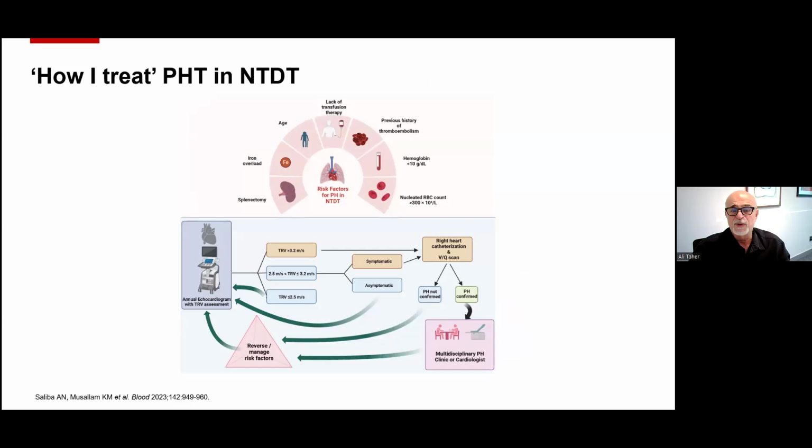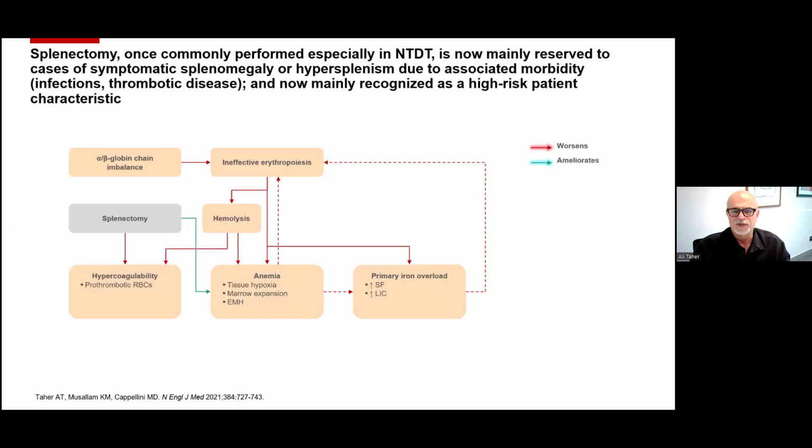This is from a recent publication, How I Treat, that I have published in Blood recently. It shows you all the morbidities that you find in an NTDT. And this is one of the algorithms in a simplified way for you to look at and discuss with your cardiologist for your patients who have pulmonary hypertension.